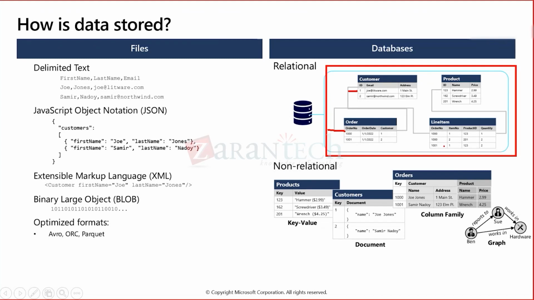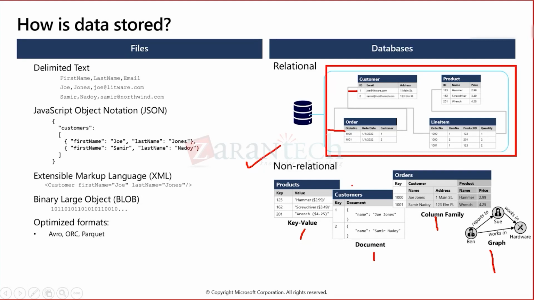Second, we have non-relational. Non-relational databases are key value, document, column family, graph. Non-relational databases are data management systems that don't apply a relational schema to the data. That is why they are non-relational. They are often referred to as NoSQL databases.